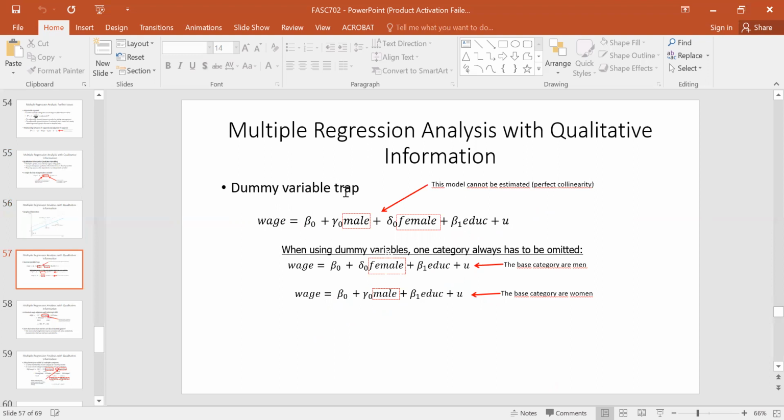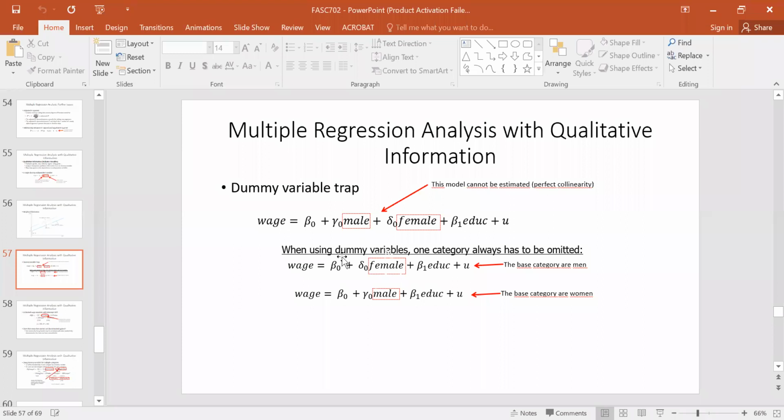Please stop me and ask questions anytime. The dummy variable trap means something similar to what I said last week, that we don't want perfect collinearity. If you remember, I spoke about that and showed you two simultaneous equations which cannot be solved because of this problem of perfect collinearity. Because of that, you cannot include these two variables at the same time.